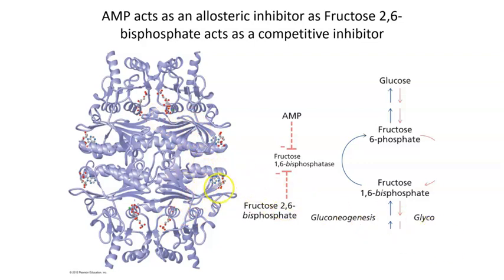You can see it's tetrameric, so there's 1, 2, 3, 4 actual components of this. And again, this is the inhibitor, and this is the enzyme, the fructose 1,6 bisphosphatase that we're actually looking at over here. So the more AMP that is there, the higher the concentration, right? The more that can be bound in these different regions, and then the less active this enzyme gets.